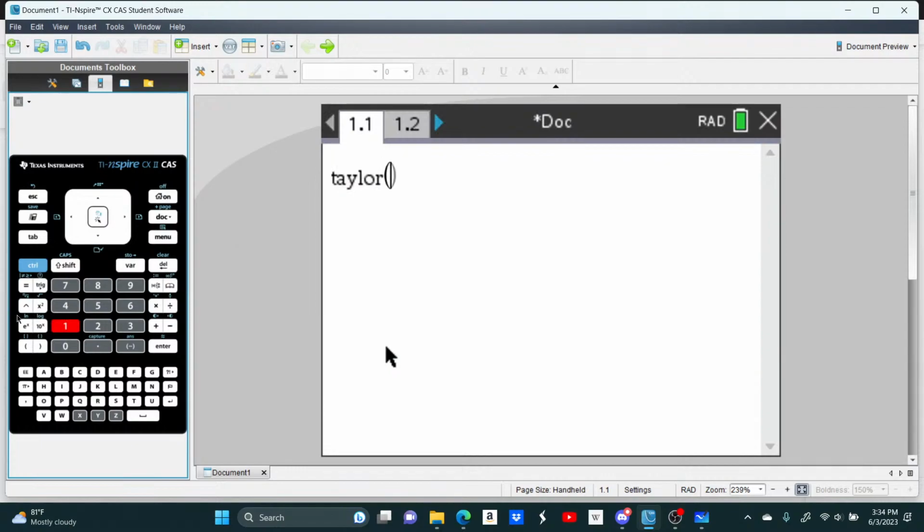And what you do is you just type e to the x, comma x, and then whatever degree you want. So there. Yep, okay, so I was right. And that tells you the third degree Taylor polynomial of e to the x.